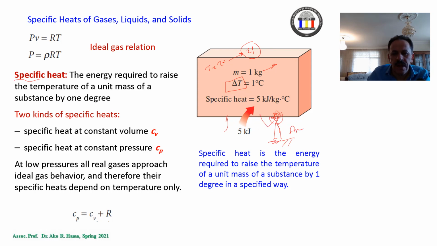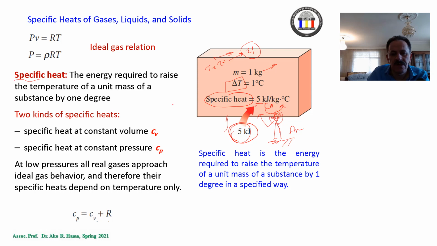This fire will help this 1 kilogram of the substance increase its temperature from 20 to 21. How much heat or energy has been added to this 1 kilogram? It is 5 kilojoules. So 5 kilojoules was added to 1 kilogram of this substance to increase its temperature by 1 degree Celsius. That's called the specific heat.